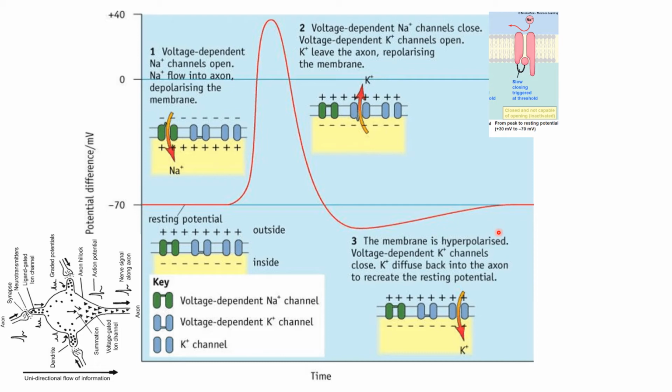But it does not stop at the resting membrane potential, because the potassium channels are slower, so they make the membrane more negative than the resting membrane potential. That is called hyperpolarization.